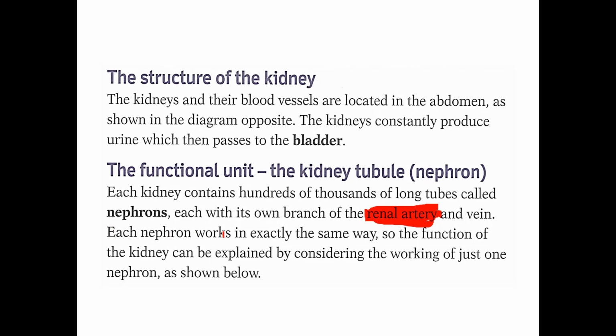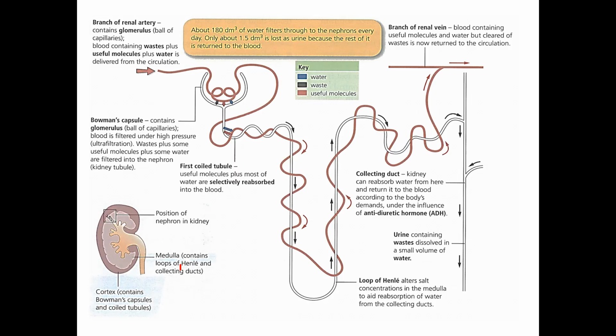Each nephron works in exactly the same way, so the function of the kidney can be explained by considering the work of just one nephron. This diagram shows the nephron. The function of the kidney we can summarize in the function of this one nephron.